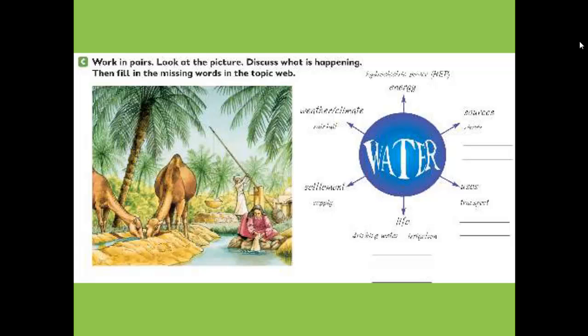Let's begin from the first one, energy. Yes, on the right side we have sources. What are the sources of water? We can see rivers, wells, springs, etc. Uses. We use water in transportation. We use it in agriculture if we want to raise crops. We use it in industry. Life. Drinking water, irrigation.